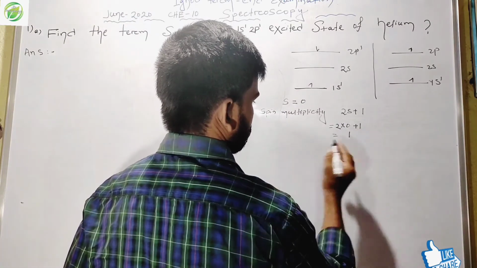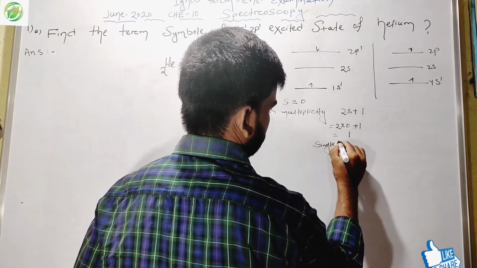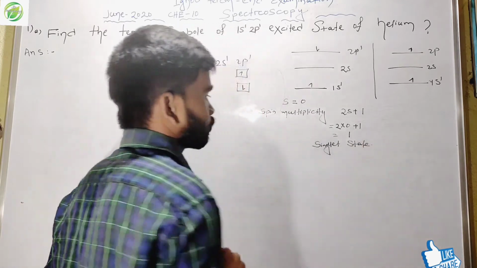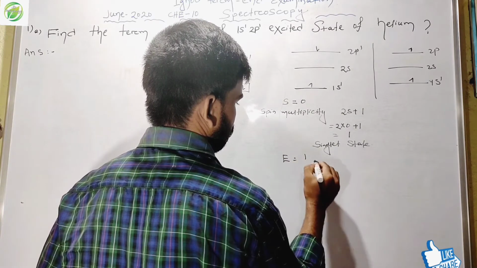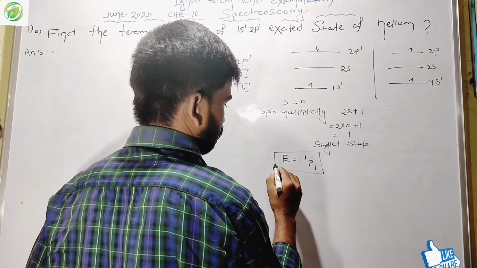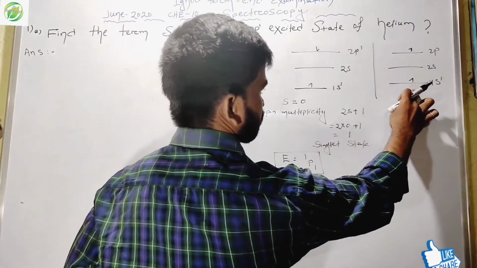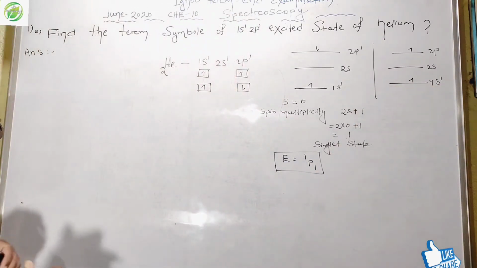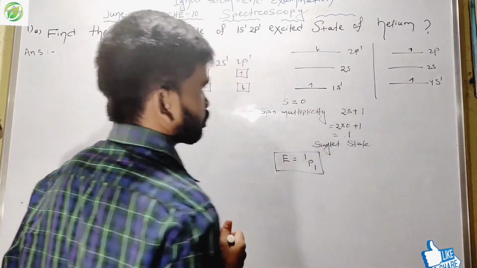This is also called a singlet state. And the term symbol we already calculated. But in the case of this other representation, this arrangement of electrons, let's calculate the term symbol. Let's try to calculate this electron rearrangement.